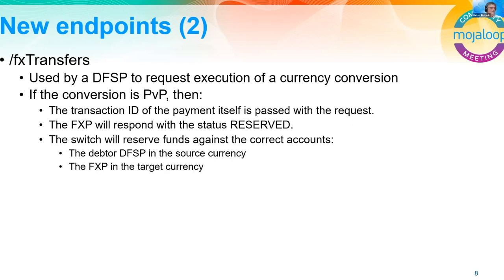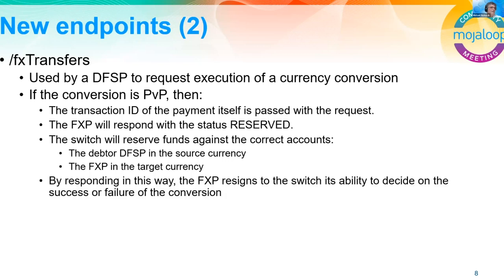The FXP in the target currency, that won't happen yet, but for the moment, it will just be one reservation. Now, by responding with the status reserved, the FXP resigns to the switch its ability to decide on the success or failure of the conversion.